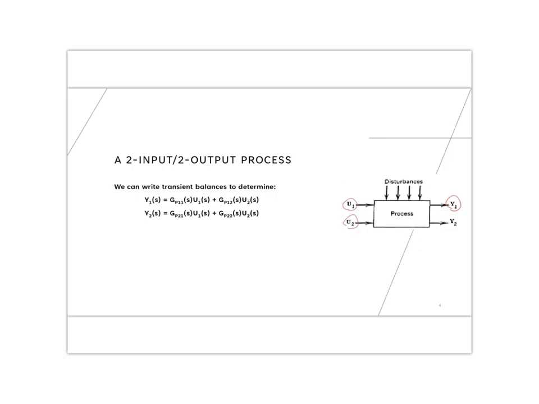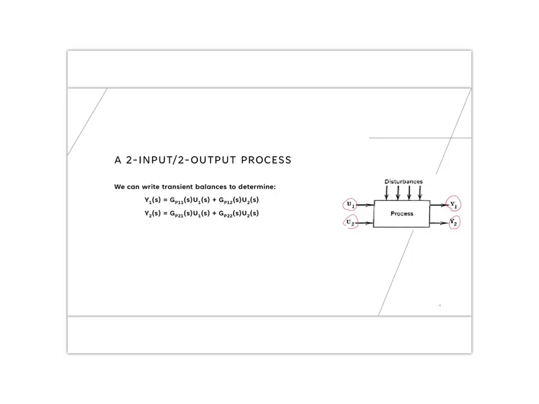Add those two together. And similarly, Y2 is going to relate to U1 and U2 through those transfer functions. So I'm designating them as G sub P for the process. First subscript is for the output variable, second subscript is for the input variable. And that's fine.